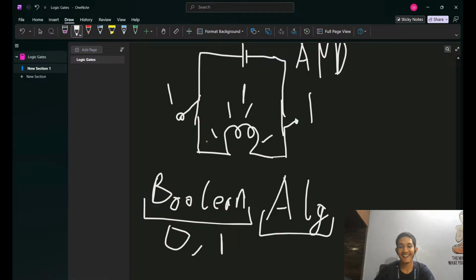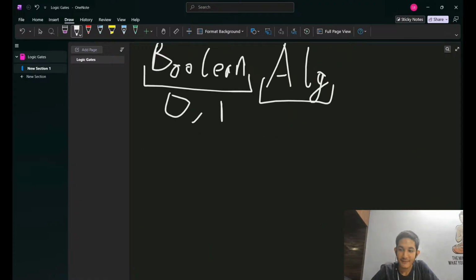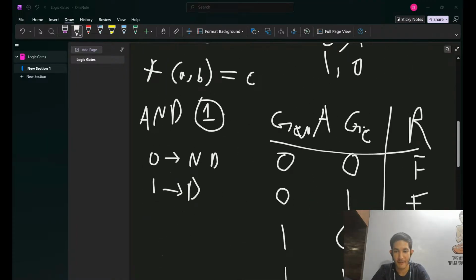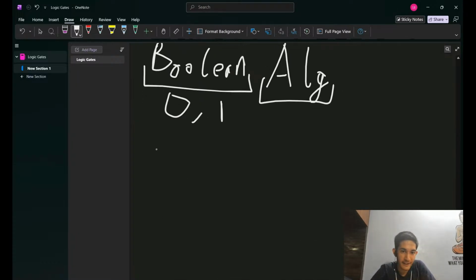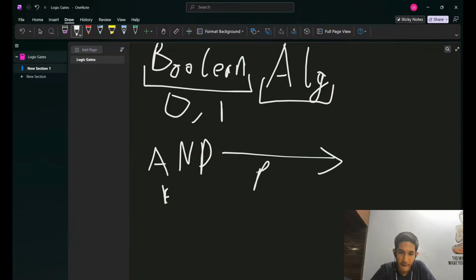Anyway, basically, all in all, Boolean algebra is manipulating these ones and zeros, or more specifically, another way of representing logic gates. Okay. Now, let's talk about this AND gate. We showed that AND gate in Boolean algebra. I'm just going to say it will be BA.